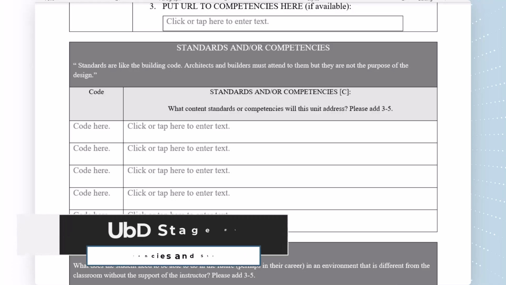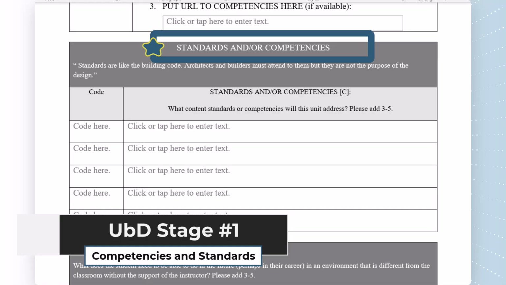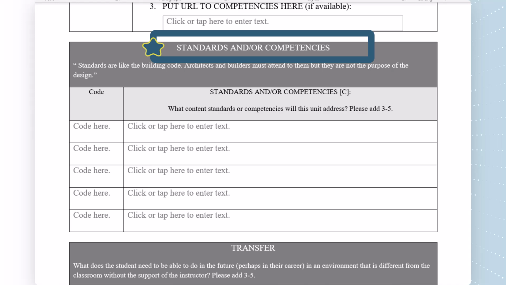To dive deeper into competencies or standards, these are connected to the professional organizations themselves. The professional organizations create competencies, and those are knowledge or skills, attributes, or attitudes that allow a person to do a job properly and successfully. In the kindergarten through 12th grade education world, we call these competencies standards.